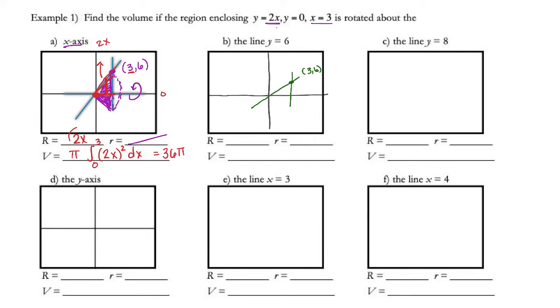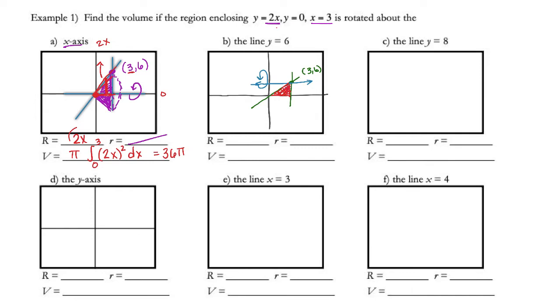And now we're going to revolve this about the line y equals 6. So that's kind of handy because it's going to go through our point of intersection. So now we've got our new axis of rotation here, and we see that we have our bounded region again, and that bounded region is going to be sitting inside here. There's that bounded region.